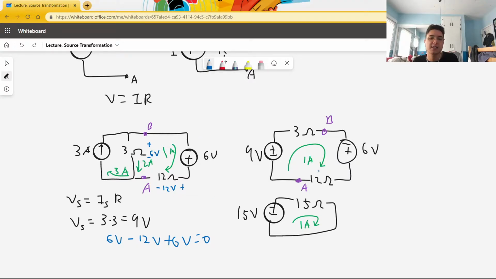If we wanted to get data about this 12 ohm resistor, we don't need to combine everything. We can just combine only up to the point that we retain the 12 ohm resistor in the circuit, and then find out what the information is about that 12 ohm resistor. As long as the resistor is intact, we will make correct observations about it, and we don't need to decompose the circuit to still make those correct observations.